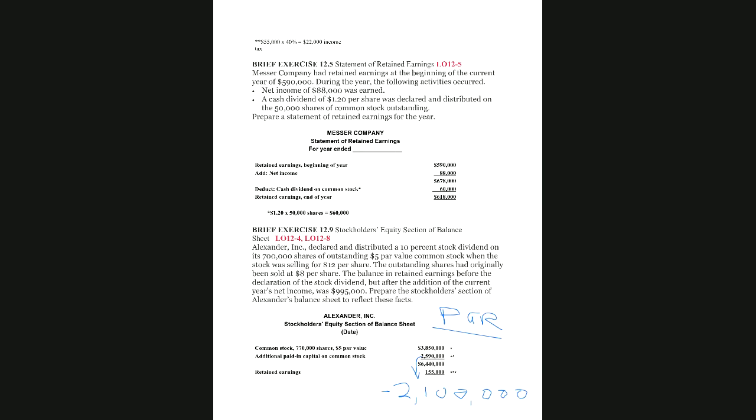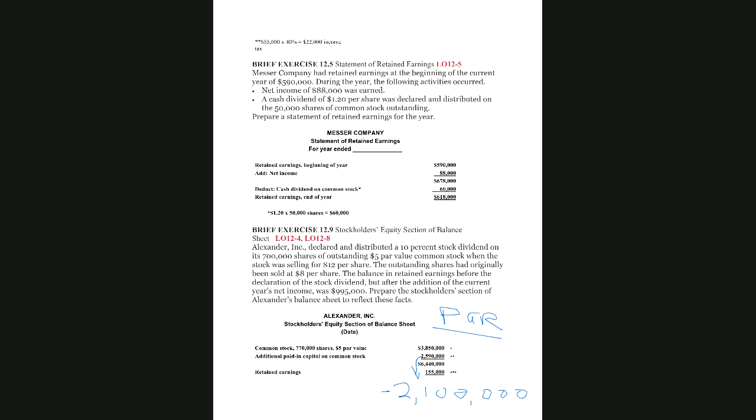Again, what do we mean by capitalize? Another way to say it is you reduce the retained earnings and basically transfer the balance of retained earnings to the common stock or the additional paid-in capital. It's said that you're capitalizing the retained earnings. You're turning it into a capital account, one of the shareholder equity accounts.